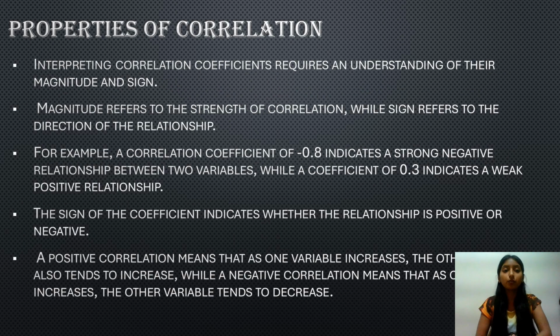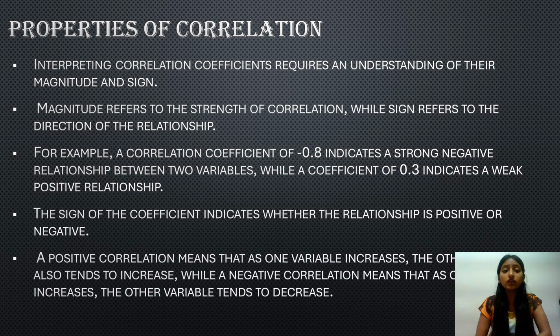So now let's see properties of correlation. Interpreting correlation coefficients requires an understanding of their magnitude and sign. Magnitude refers to the strength of correlation, while sign refers to the direction of the relationship. For example, a correlation coefficient of minus 0.8 indicates a strong negative relationship between two variables, while a coefficient of 0.3 indicates a weak positive relationship.